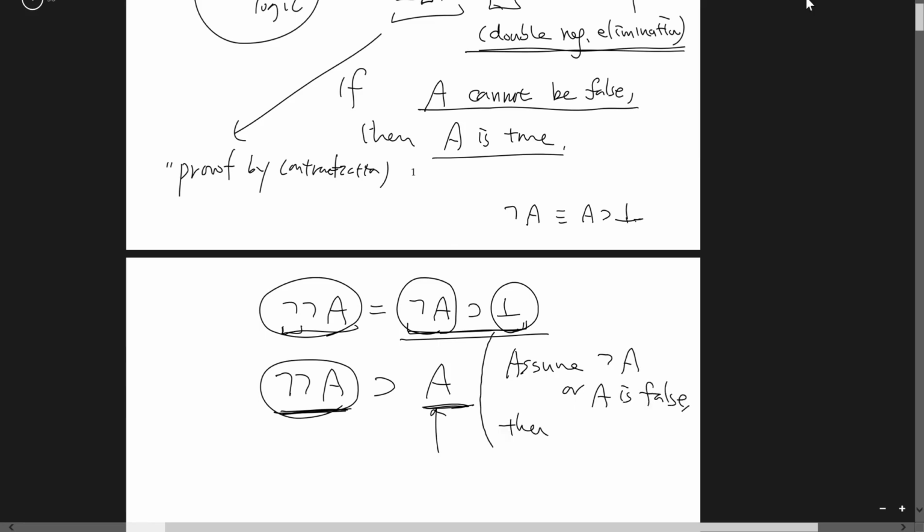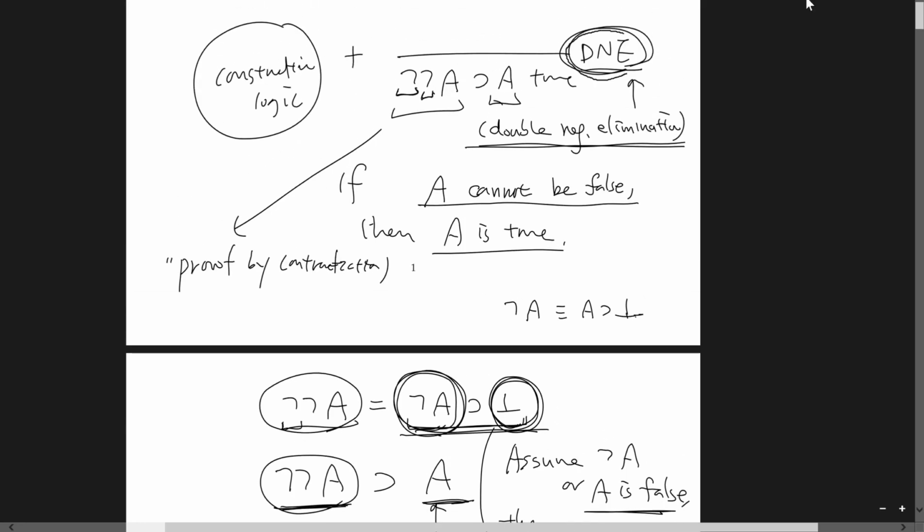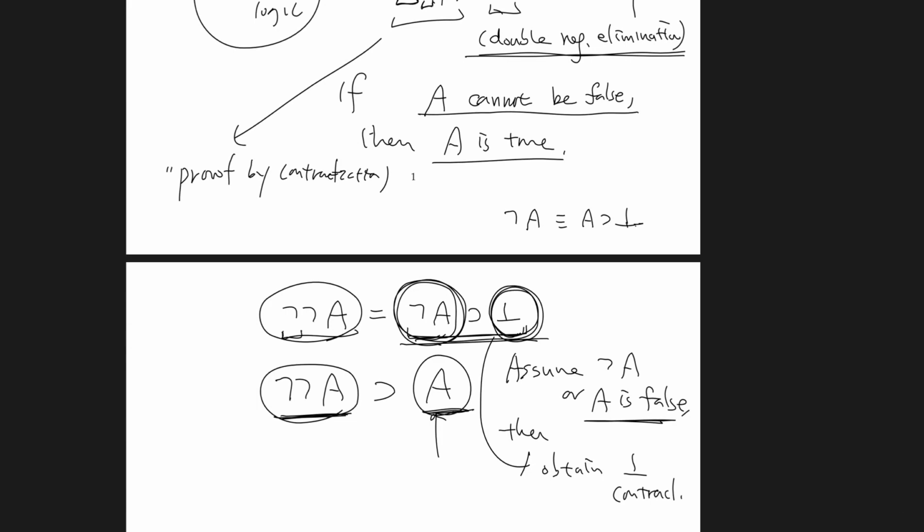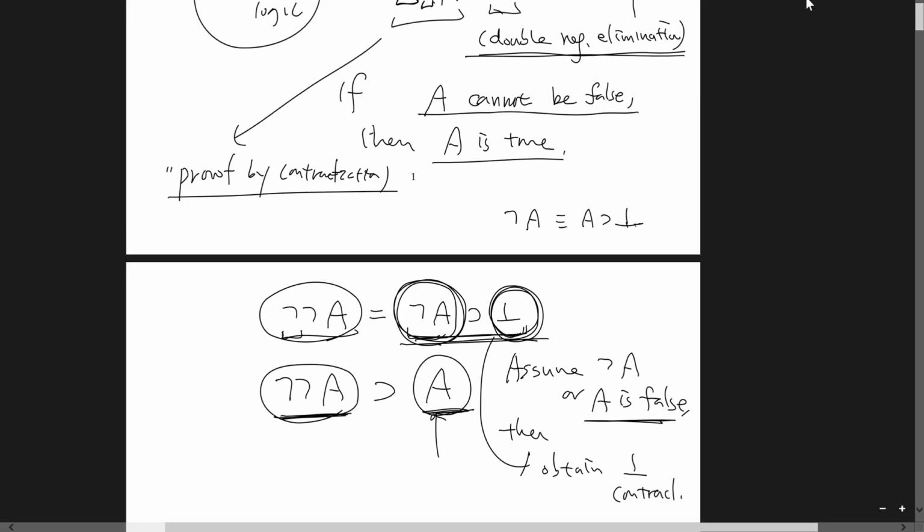Then we obtain bottom, or contradiction. So we start with the assumption that A is false, and then we somehow generate a contradiction. Then, thanks to this law of double negation elimination, we can deduce A is true. That's precisely what happens when you employ the technique of proof by contradiction.